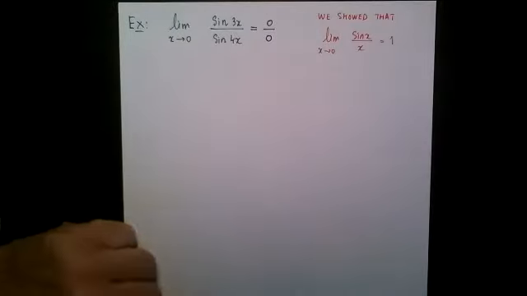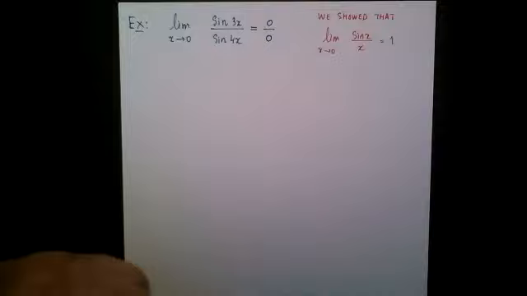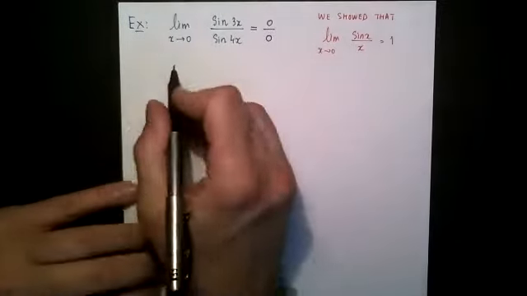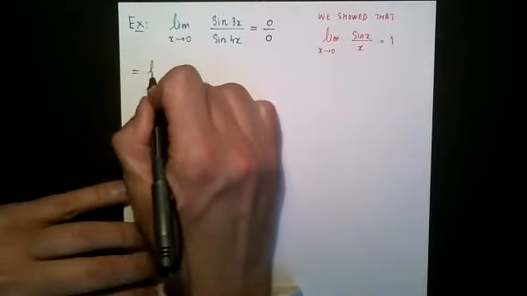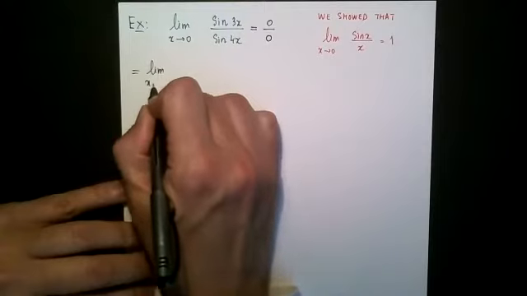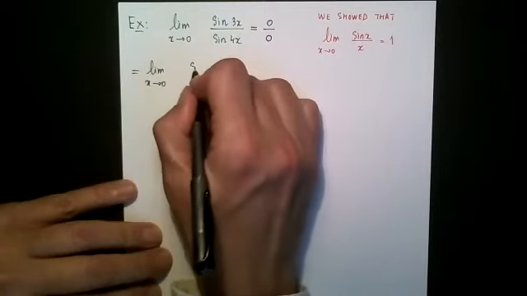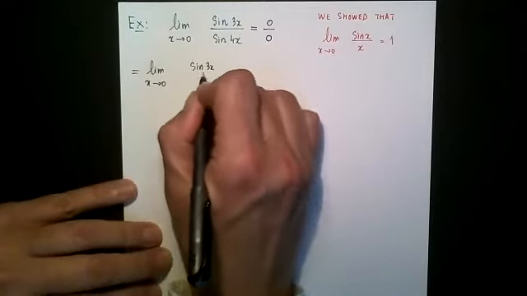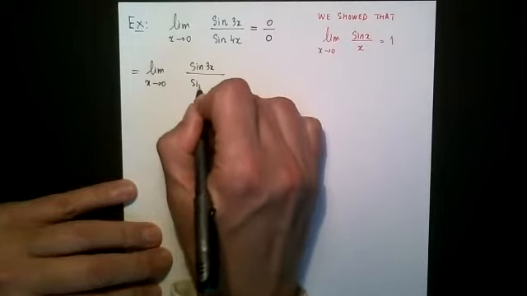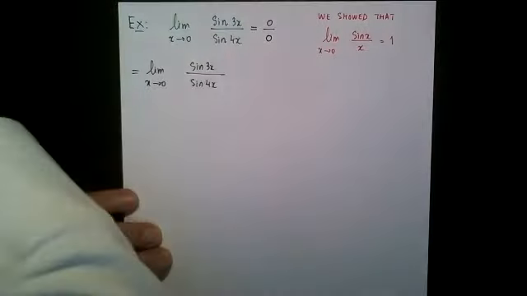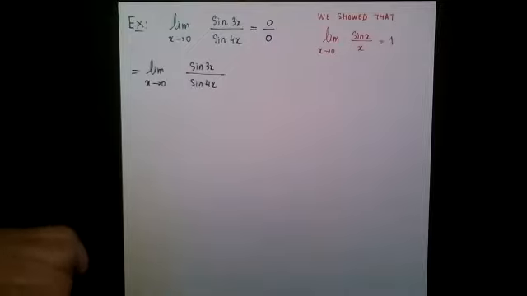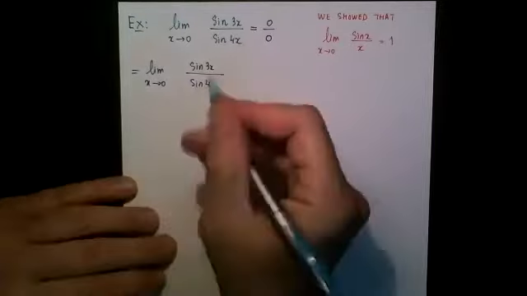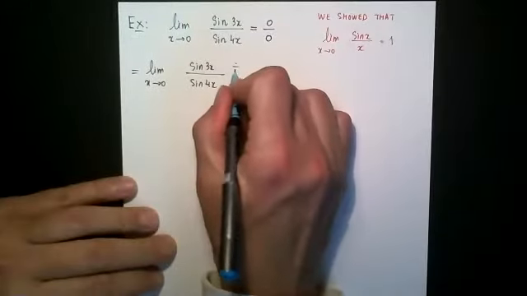Okay, let's do it. I'll do the first one right away, and I'm going to give you time to do the second one. So equals limit as x approaches 0 of sine 3x over sine 4x, and I'm going to divide the top and the bottom by x.